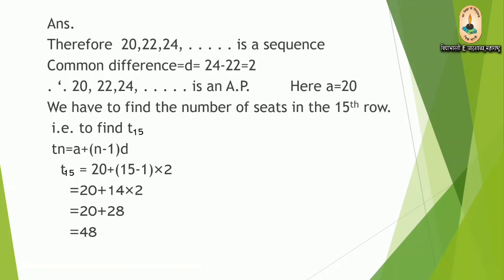That is equal to 20 plus 28. Addition is 48. Thus, T15 equal to 48. There are 48 seats in the 15th row.